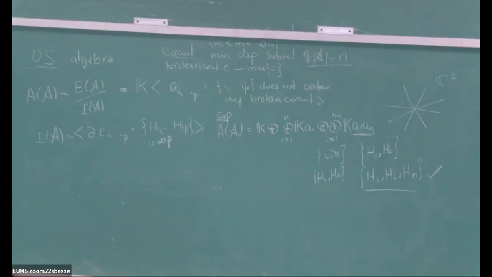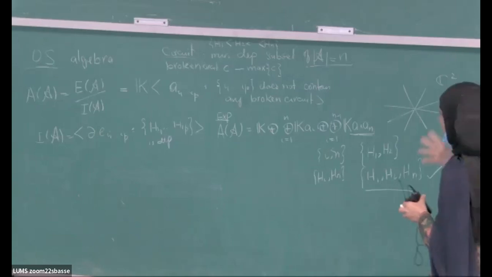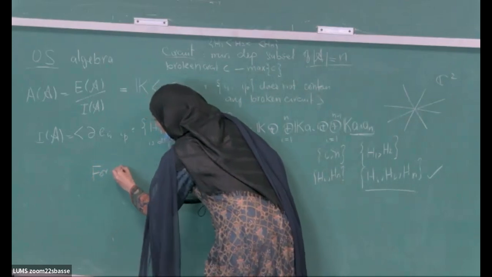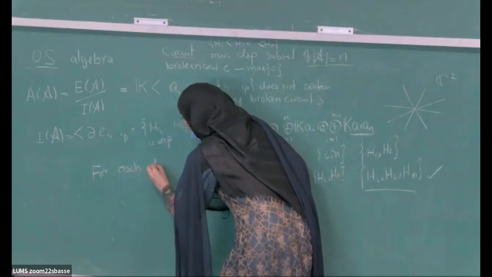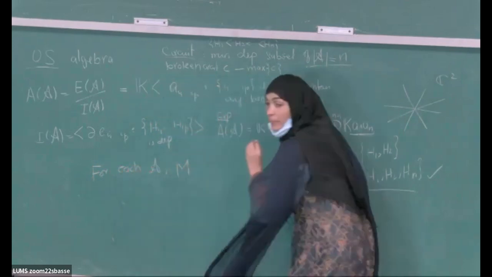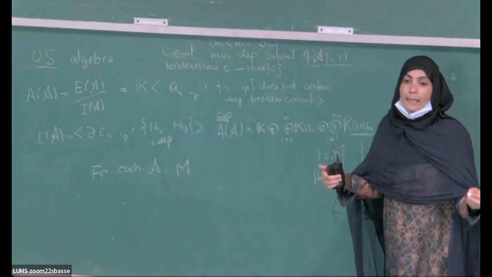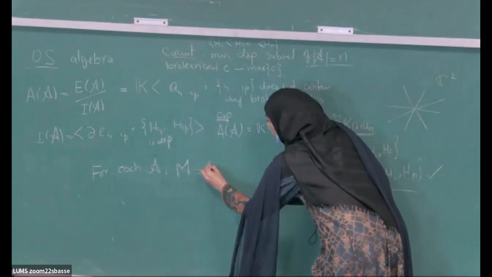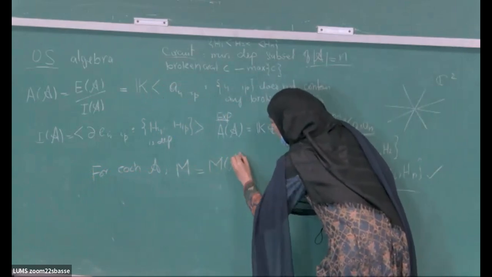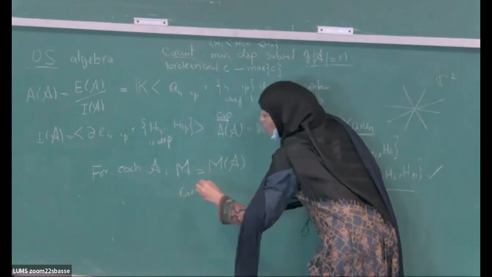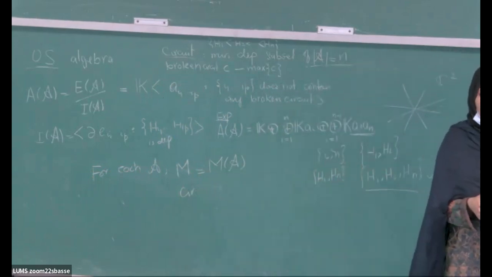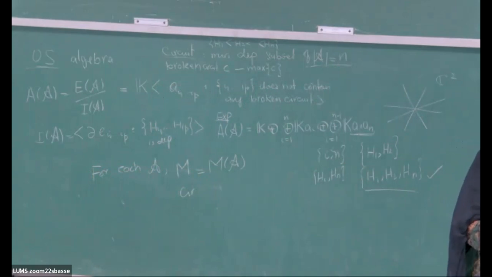Okay, now as I have said many times, for each arrangement we have a matroid, which is called the underlying matroid of the arrangement. Here the circuits are, because we have many definitions of matroid, we can define a matroid through the circuits as well. So what are the circuits in this case?